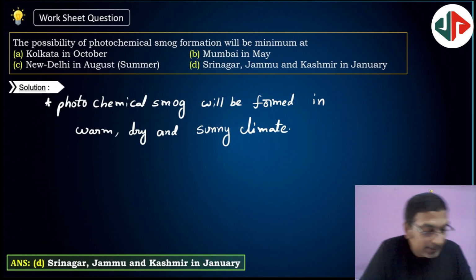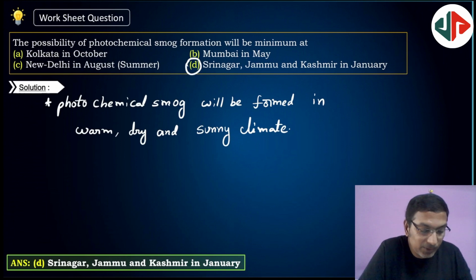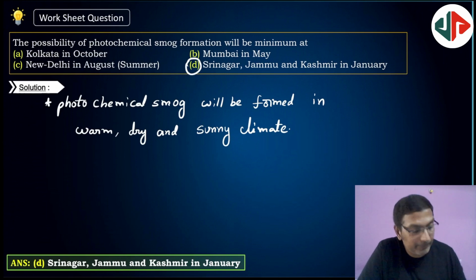Very, very important. That means during summer it will be formed at high temperature. So therefore D will be minimum. Srinagar, Jammu, Kashmir. So low temperature will be there. Next.